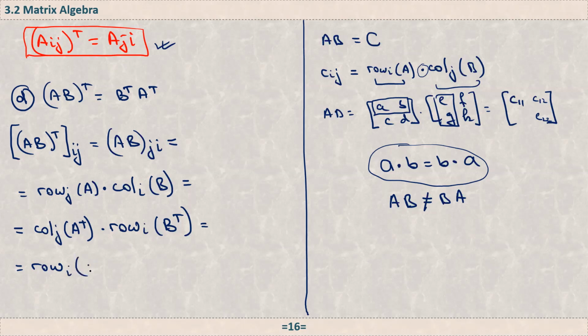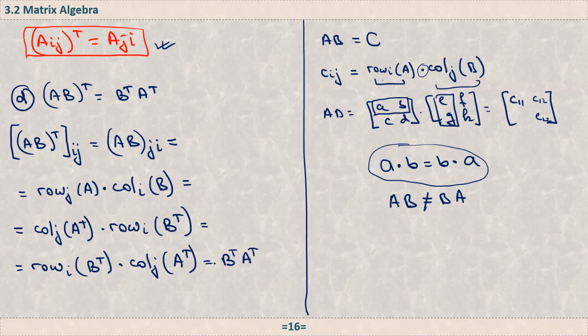Row I of B transpose dot column J of A transpose, which is exactly the definition of the product: row I of something and column J of something. So that is equal to the IJ entry of B transpose A transpose.